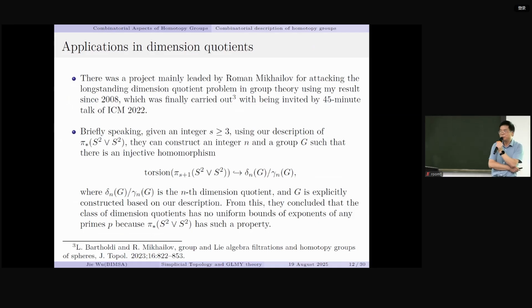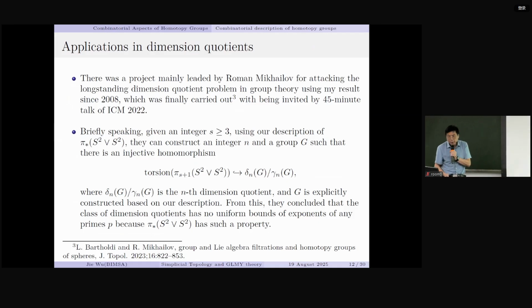Then people in group theory believed that the gap may be only given by 2-torsion. Until recently, Roman Mikhailov used my description to construct examples of groups. The torsion of the homotopy group of S2 wedge S2 is embedded into these dimension quotients. That shows that for any prime, any power exponents can appear in the dimension quotients, right?